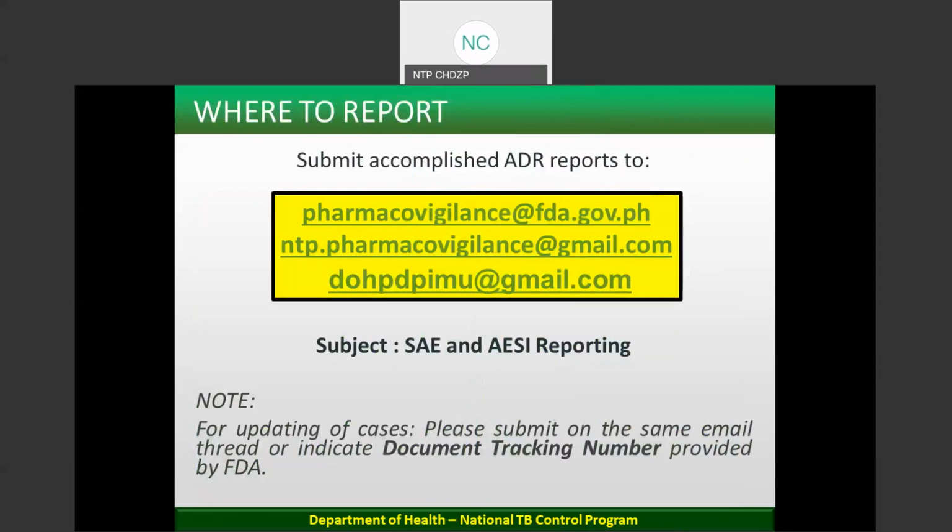So we should remember these email addresses: pharmacovigilance@fda.gov.ph and npp.pharmacovigilance@gmail.com and then dohpdpimu@gmail.com. You can also include the regional DOH email address.